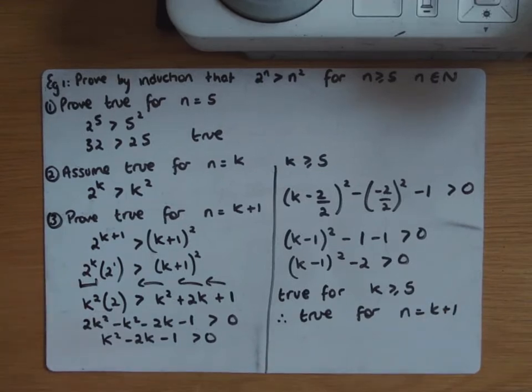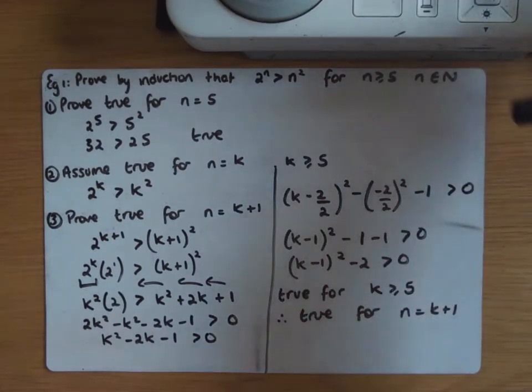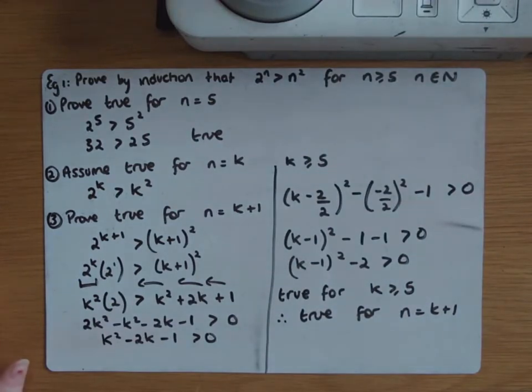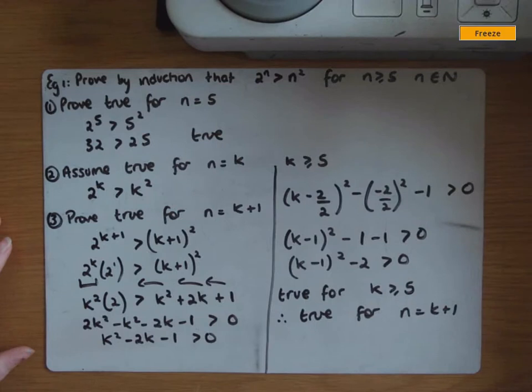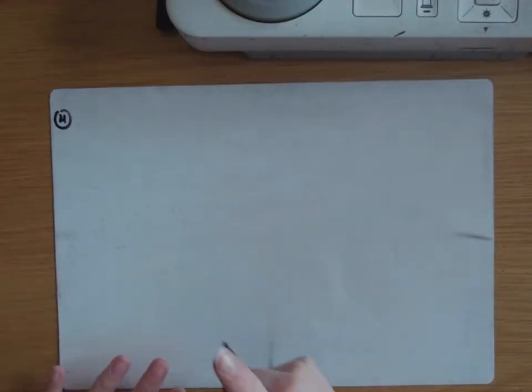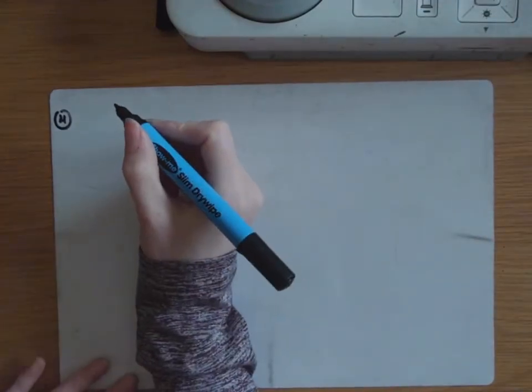And then number 4, you have to write out all the words again. Okay, but just be careful, because again, we're talking about n is 5 or higher.